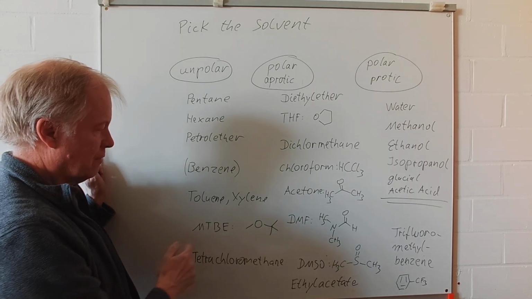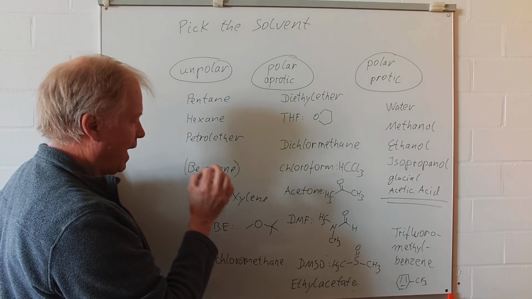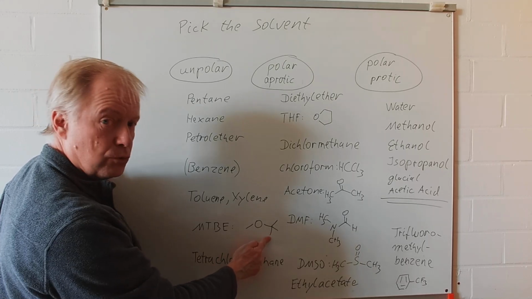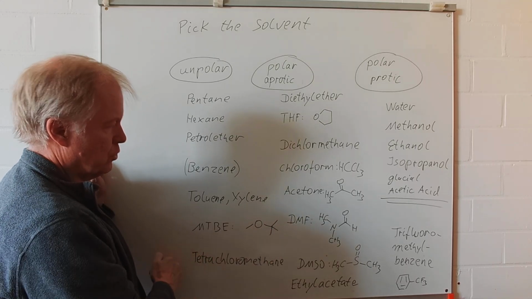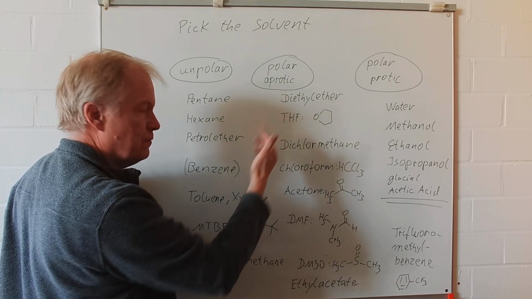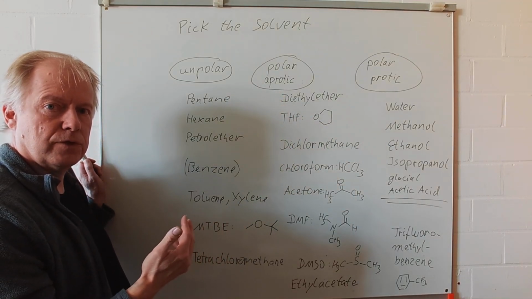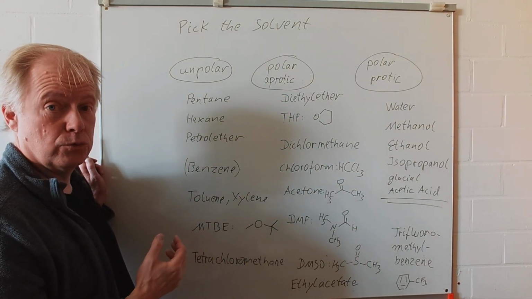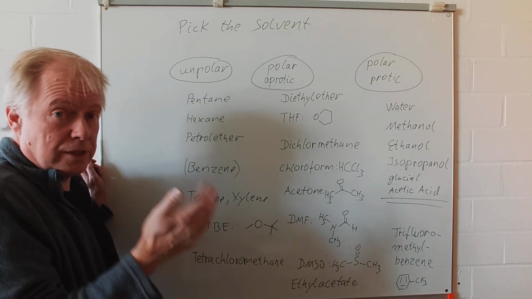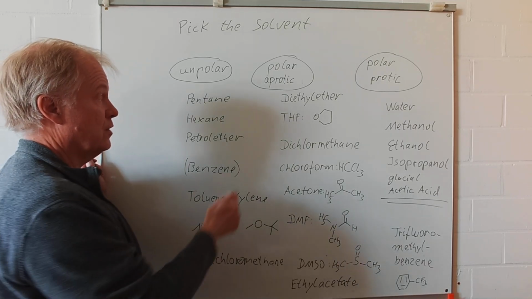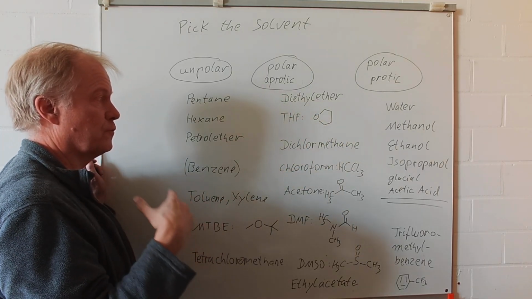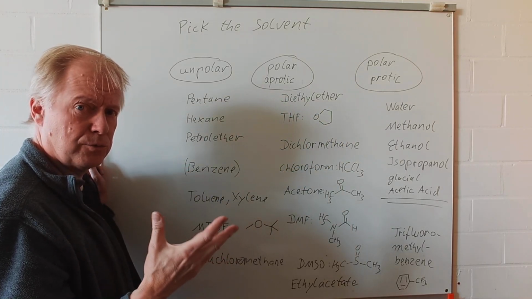ethers. The unpolarity of that molecule is due to that tertiary butyl group. So these ethers are usually or very often used for organometallic reactions, for instance Grignard reactions. Then you choose diethyl ether or THF for the formation of the Grignard reagent.